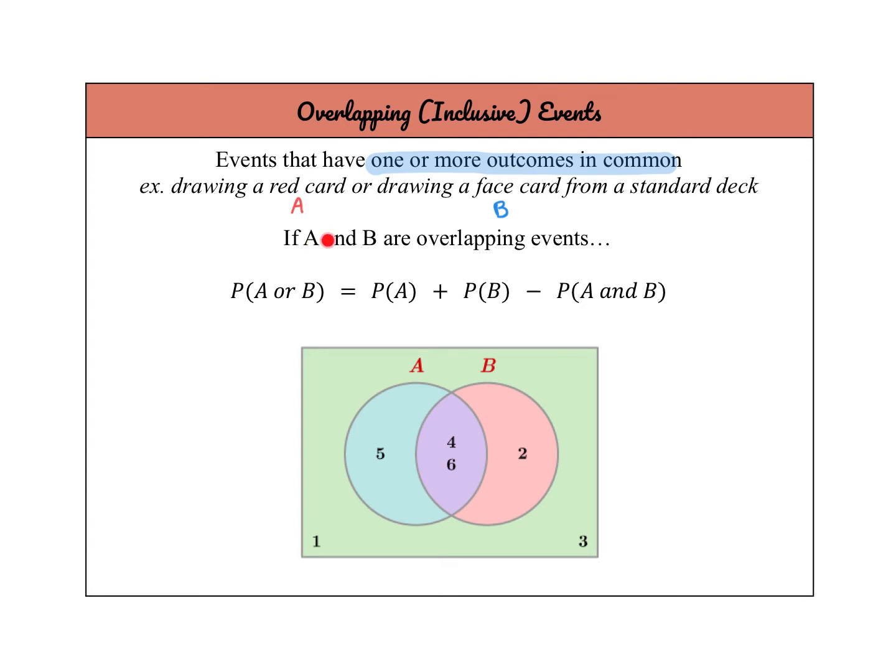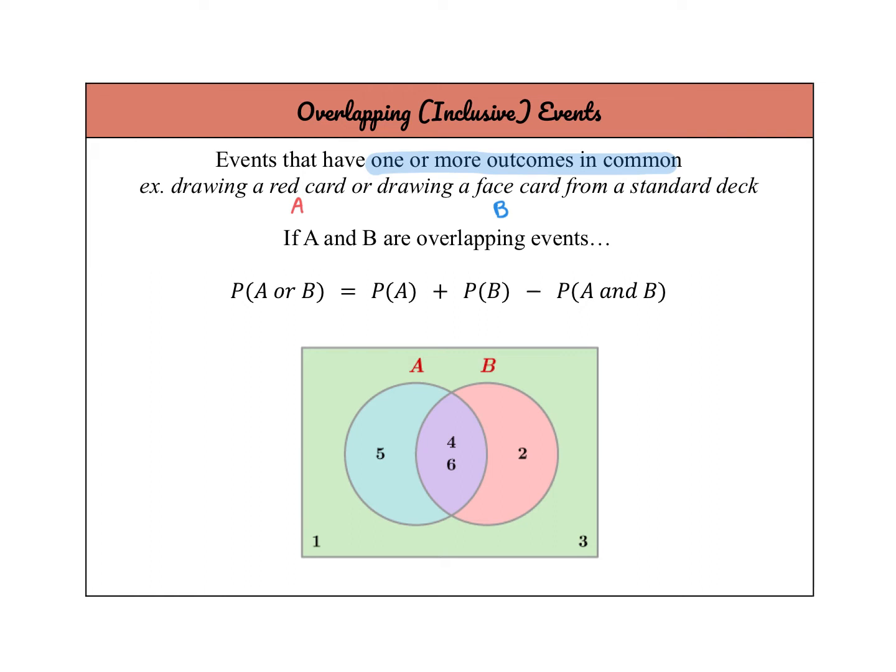So if events A and B are overlapping events, the way that you can find the probability of one or the other happening is by, again, finding the individual probabilities, but then subtracting the probability of both happening. So the reason why we need to subtract away the probability of both is when we find the probability of event A happening, it would be all 3 of these outcomes, right?